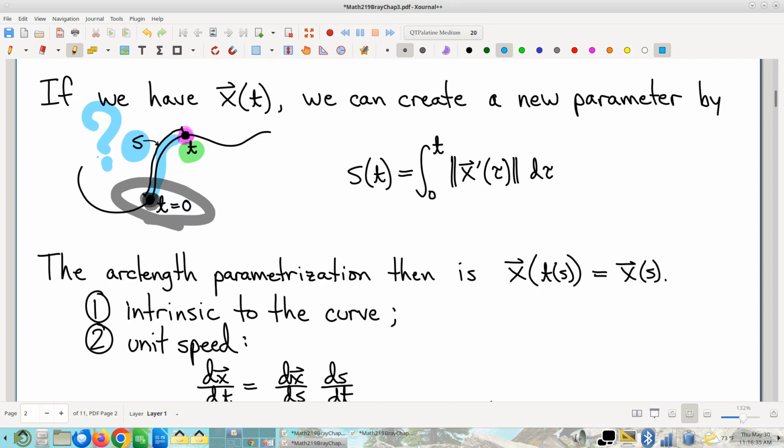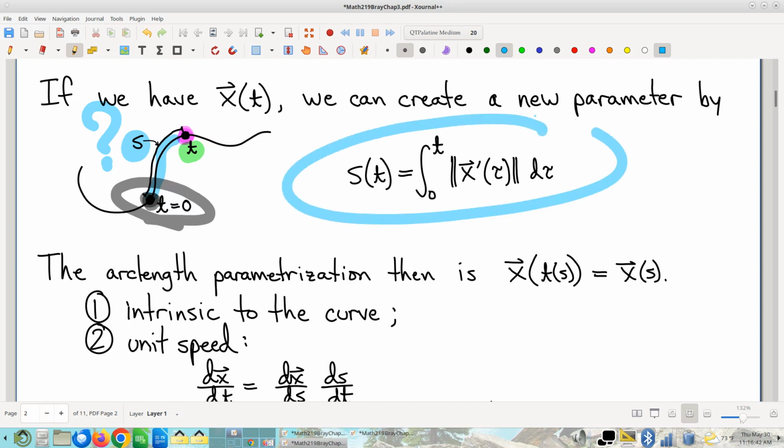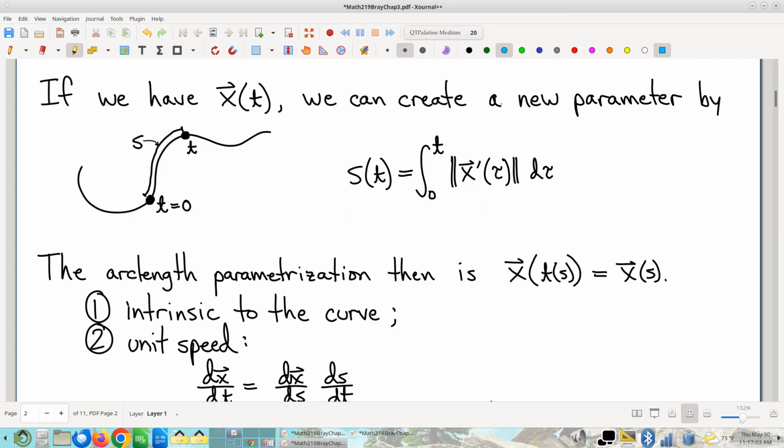And so if we're going to say that we're going to use a t parameterization to create an s parameterization, we just need a relationship between them, and then we have it. The relationship between an original parameter t and arc length s is compute the arc length. It depends on, of course, t. So no big deal. The integrals are weird, but in the abstract, it's no big deal to write that down.